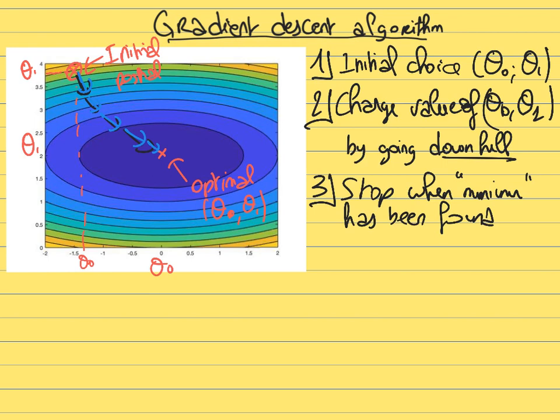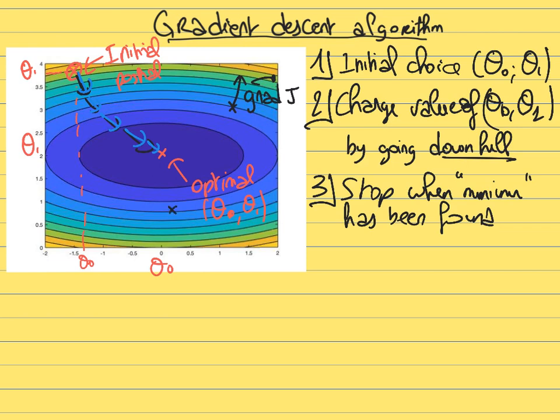The way you can find this direction is to calculate the gradient. The gradient of a function tells you the direction towards which the function increases the most. For example, if you take a given point here, the function is increasing in this direction. So the gradient of the function J is going to be a vector pointing in the direction where it increases the most.